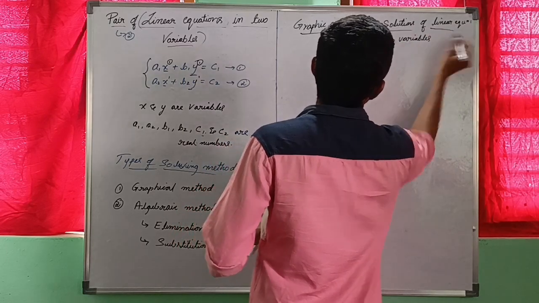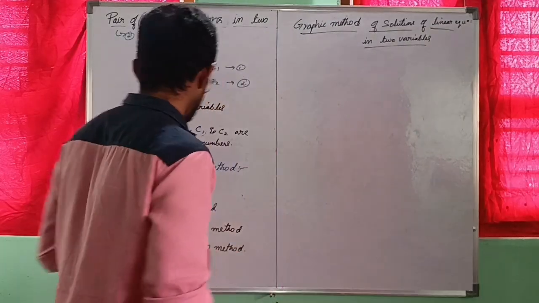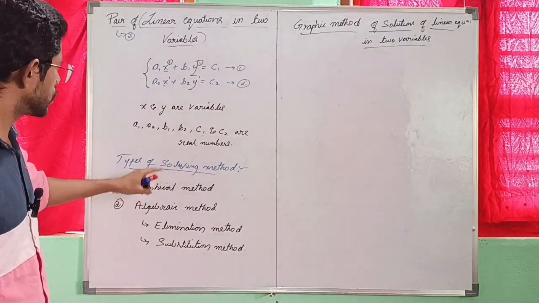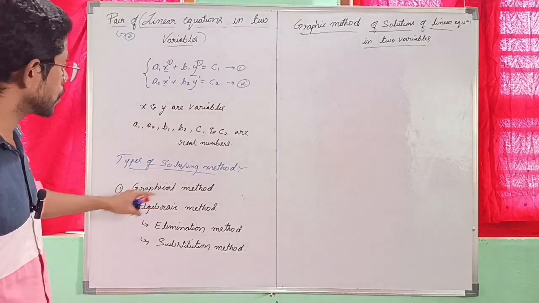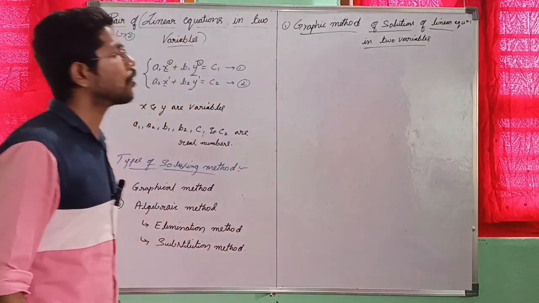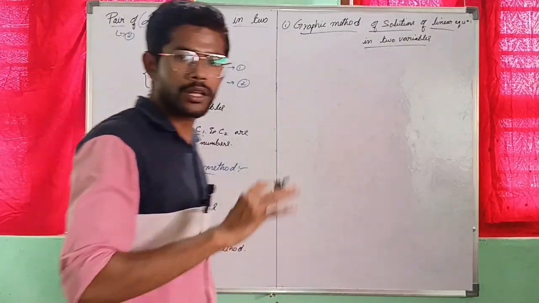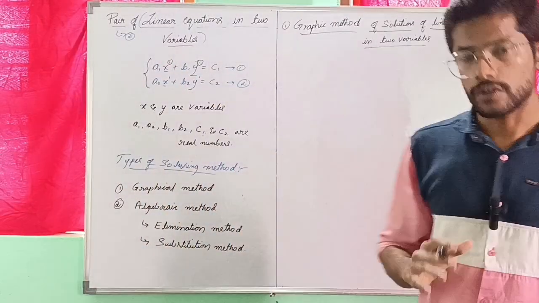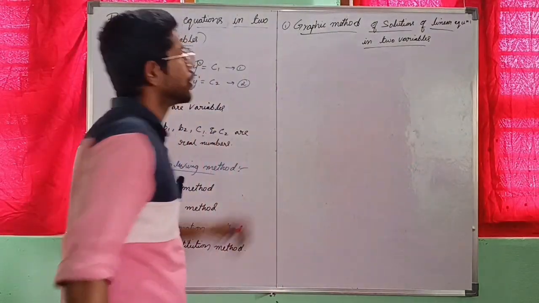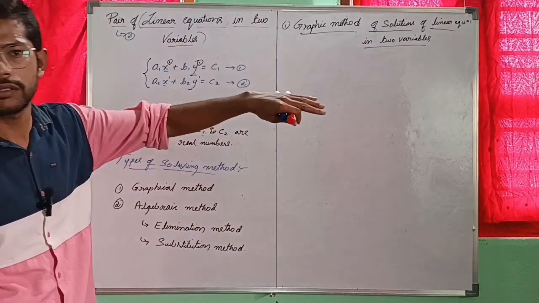This is the first type of solving method, that is graphical method of solution of the linear equations in two variables.